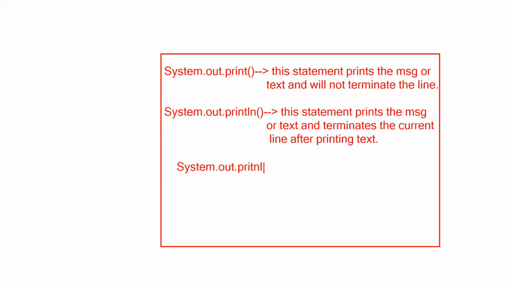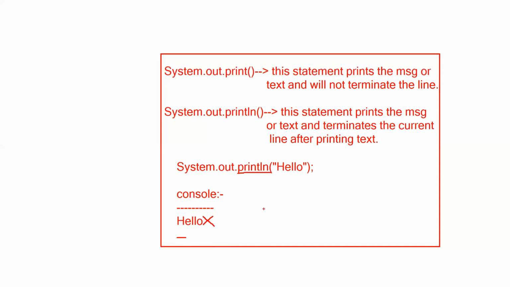So when you write System.out.println hello, what it does on the console is print hello, and then terminate the line and place the cursor in the new line. This is what is done by println.